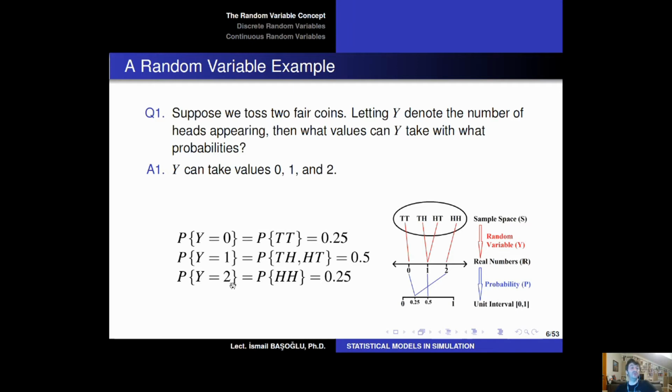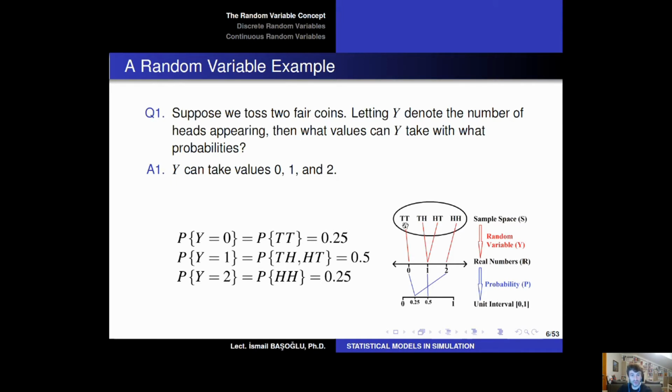And when y takes the value of 2, if you observe a head. Actually, we first need to define the sample space of this random experiment. This random experiment is the tossing of two fair coins, and by the basic principle of counting, each of these coin flips will have two outcomes, and by 2 times 2, we are going to have 4 possible outcomes for this random experiment.